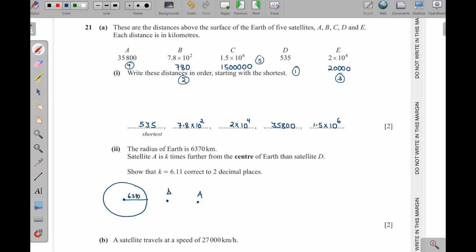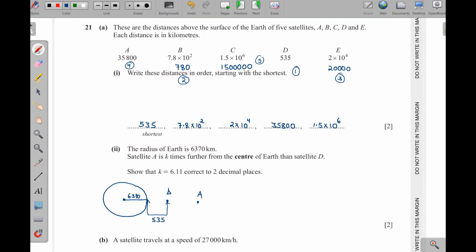You see that? So that means from here, the center of the Earth, what did they give here? These are the distances above the surface of the Earth. So the surface of the Earth is here. So we can look at this length here and this one here. This one here is D, 535.